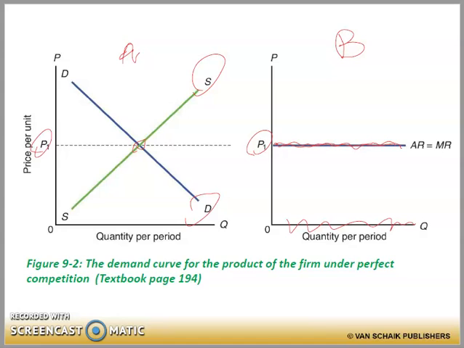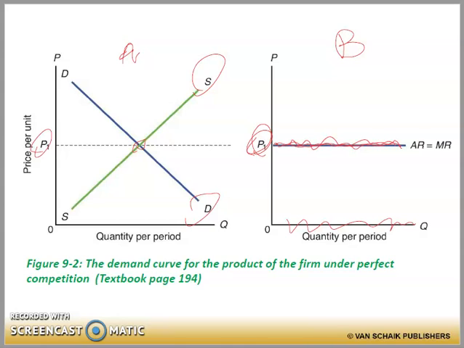At a higher price, the quantity demanded will fall to zero, since consumers will be able to purchase the product at the price of P1 from other firms. And also the firm cannot charge a lower price than P1 because it can sell all its output at price P1. So the horizontal curve at P1 is the demand curve for the product of the firm, shown by this demand curve here.